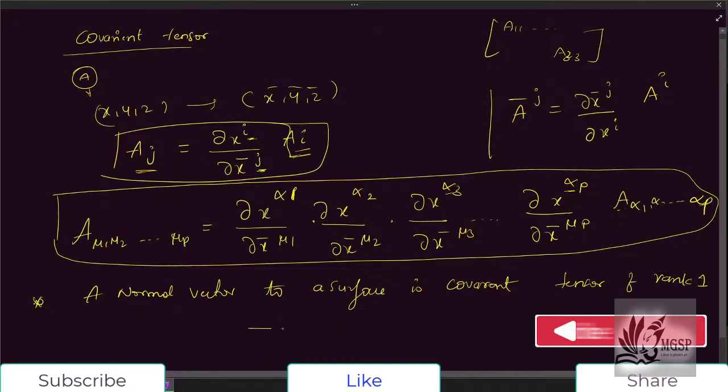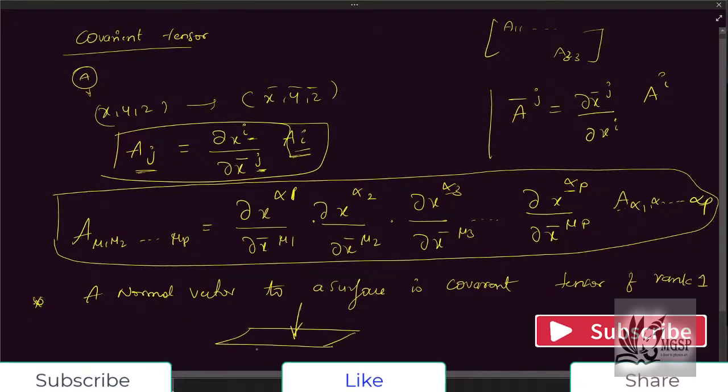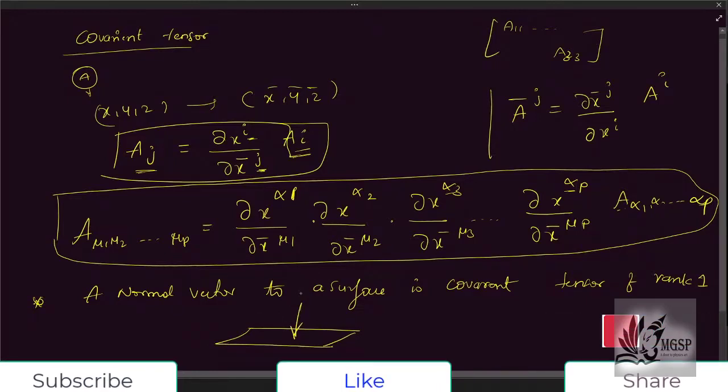Means suppose, consider a surface like this. So this is the normal vector, and this normal vector is a covariant tensor which has a rank of 1.